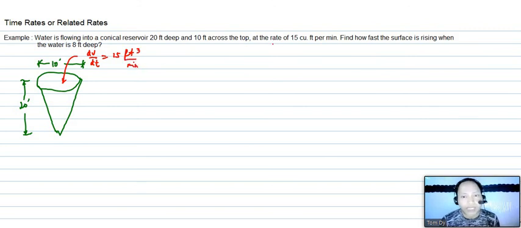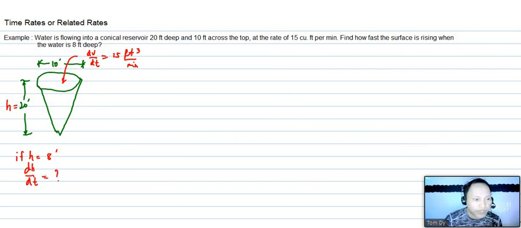Find how fast the surface is rising if the water is 8 feet deep. So if this is our height h, which is equivalent to 20 feet, if h is equivalent to 8 feet, find dh over dt.